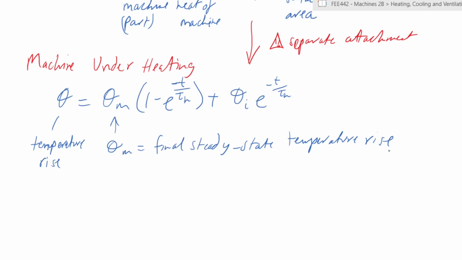And this is defined as, if you give the machine long enough, how long will it take to attain a certain steady state temperature rise, and what temperature will that be? So theta m is almost considered to be the maximum temperature that it will reach, where it attains a steady state of temperature.